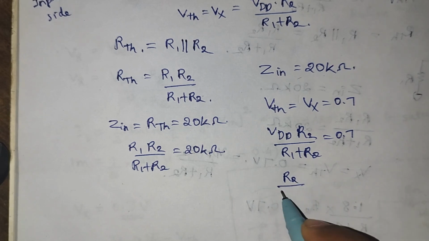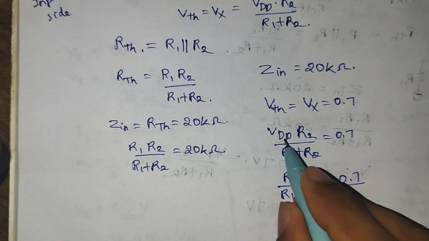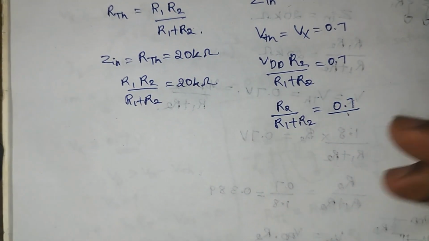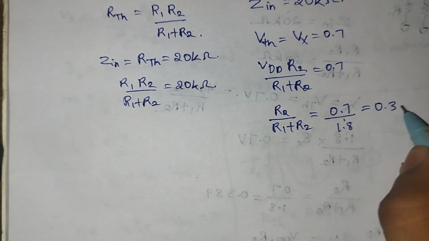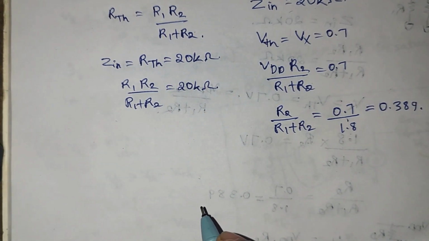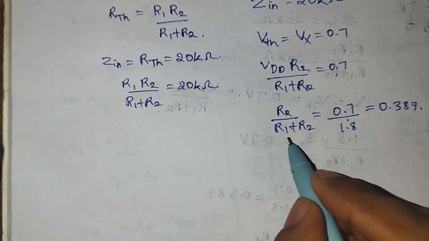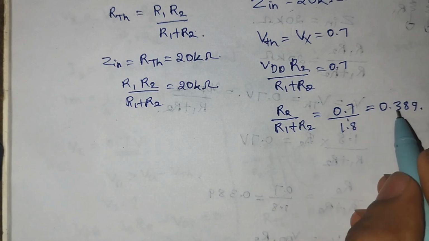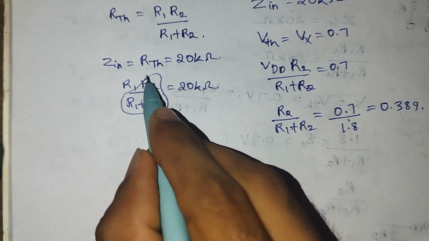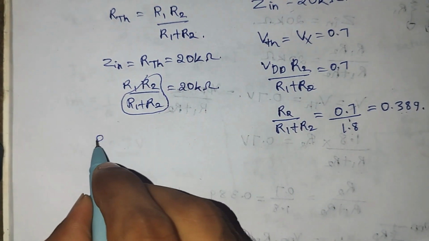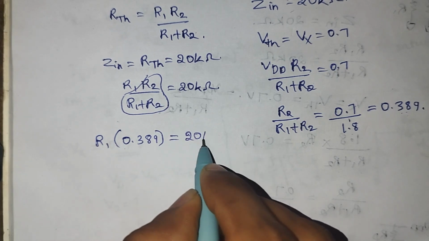Then R2 by R1 plus R2 can be written as 0.7 divided by VDD, that is 1.8 volt. This fraction comes to around 0.389. We know that R2 by R1 plus R2 equals 0.389, so we can replace this value in the equation: R1 into 0.389 equals 20 kilo ohm.